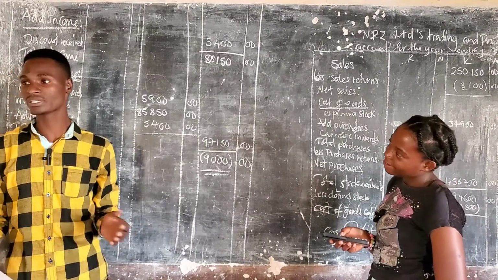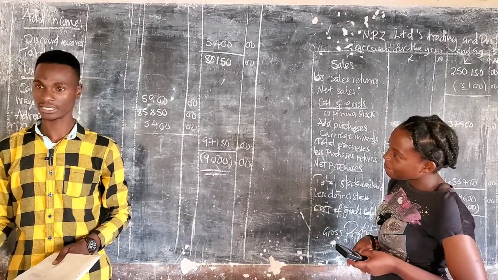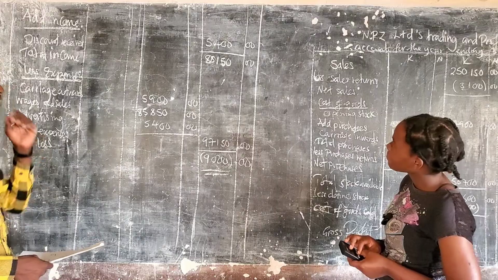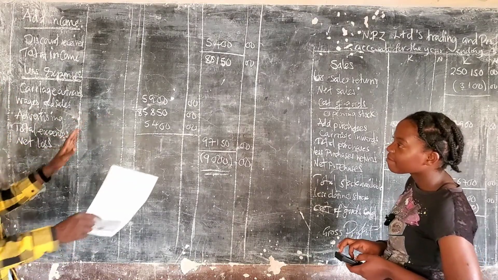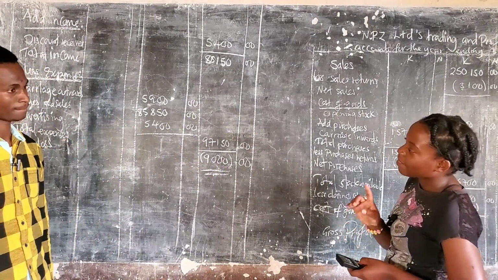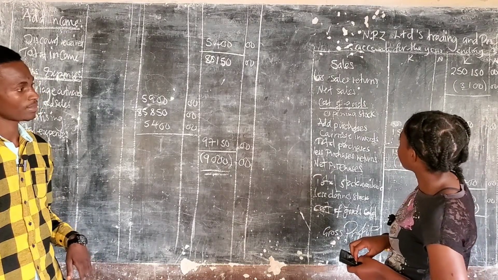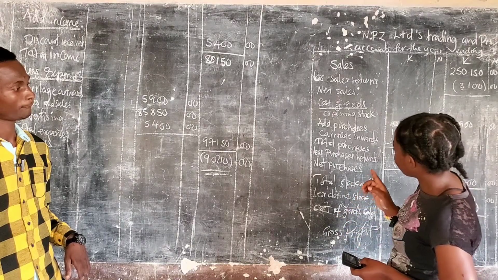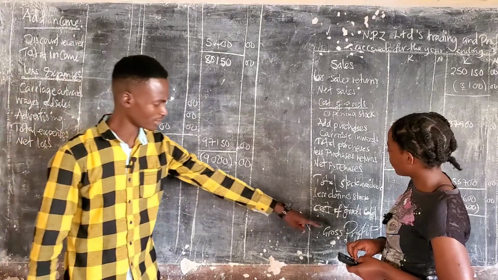Prepare to spend. Yes, you're going to spend. So let's go to the balance sheet. There are two things you are going to get from the income statement to the balance sheet: the net loss and the gross profit.